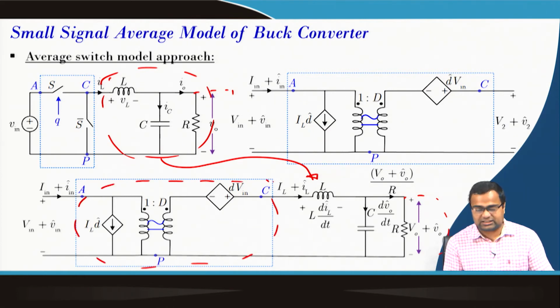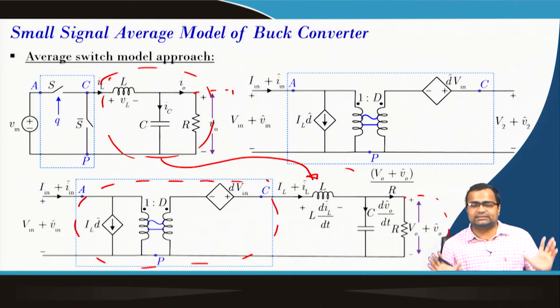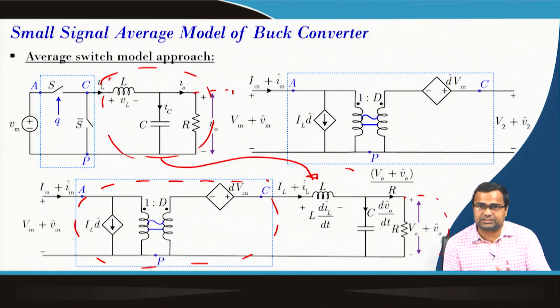As long as you do not change anything, we can update the right side of the switch model without rewriting the equations, and that is somewhat special in this technique compared to state space averaging, where we need to rewrite all the equations every time we add any dynamic element.